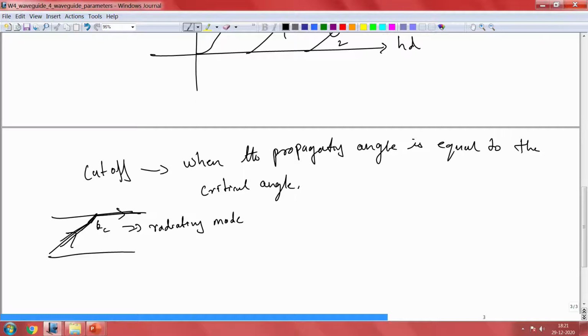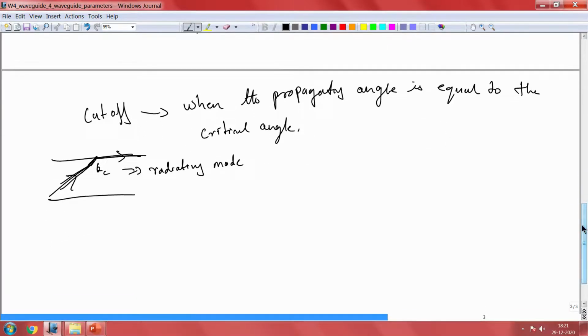So, the condition for cutoff here is that V should be equal to V c, any number beyond that. For this particular guided mode, it is the value of V at the point where B is equal to 0, so where B will be equal to 0.